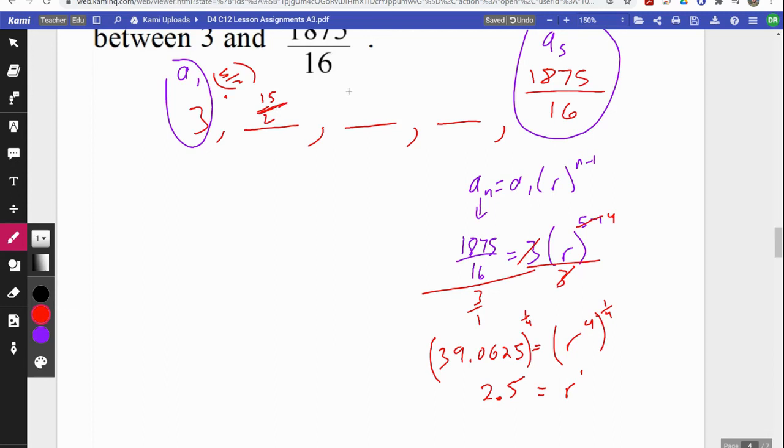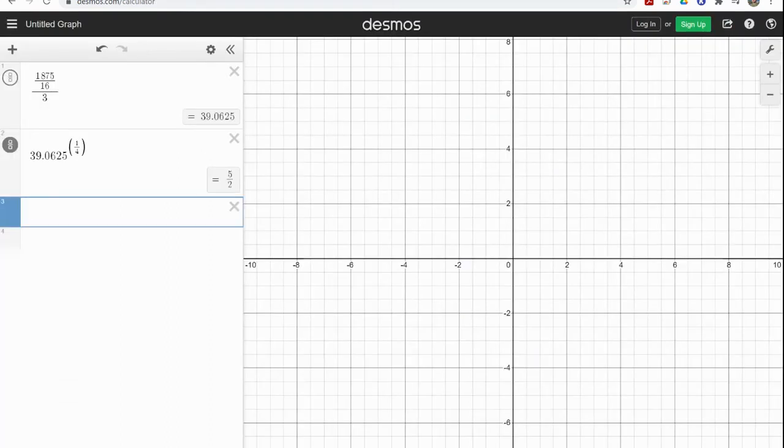Times 5/2 is 75 over 4. Times 5/2, I'm not really sure what that is.